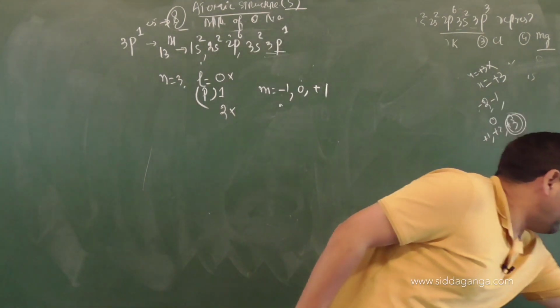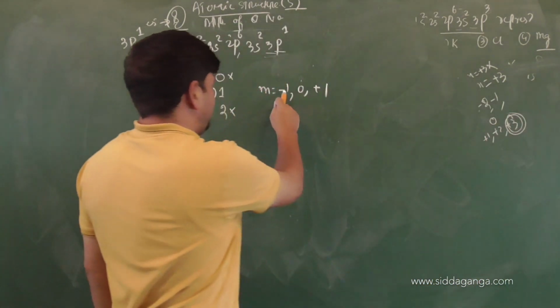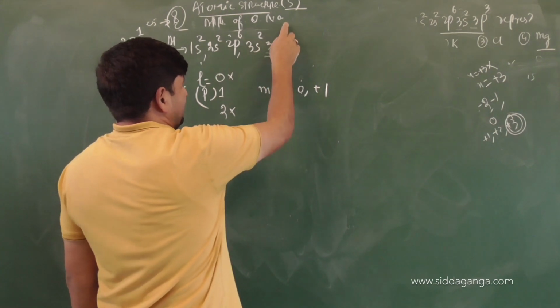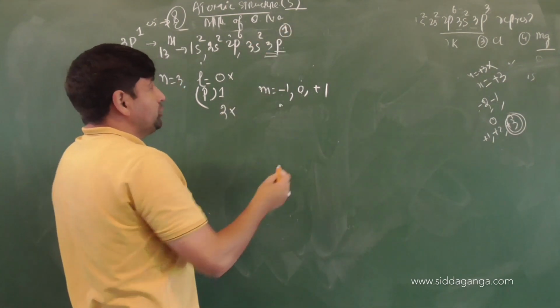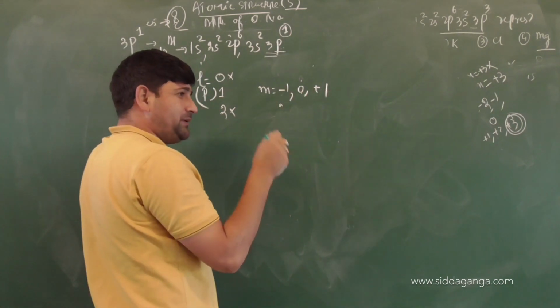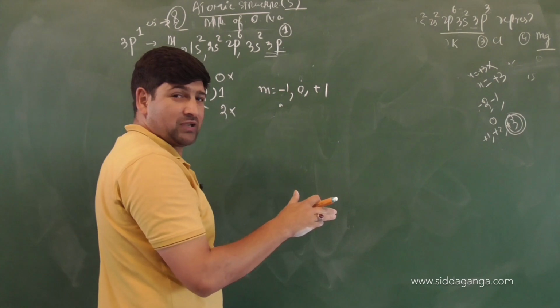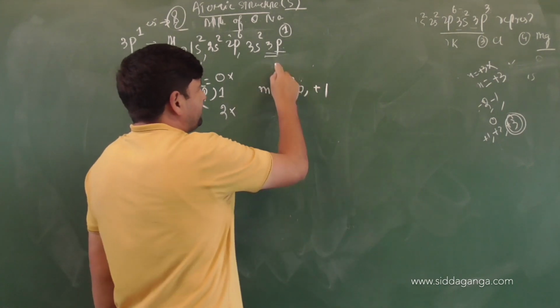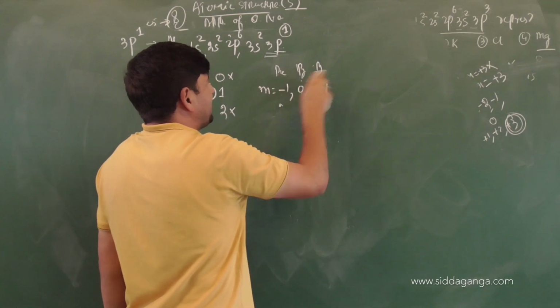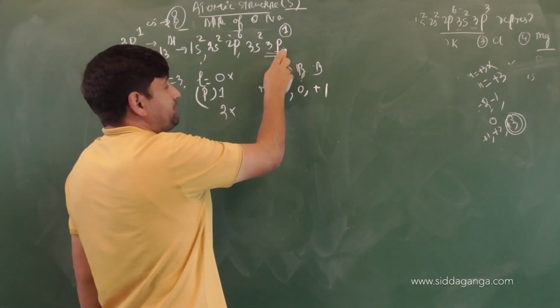So we have m value what? -1, 0, +1. The given question is 3p1. That means how many electrons do you have? One. So this electron can be present in any of the 3 orbitals, either Px or Py or Pz. According to order, we take the first as Px, then Py, then Pz. It can be in any of these because I have mentioned only 3p.